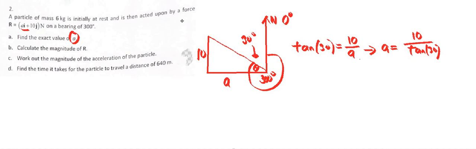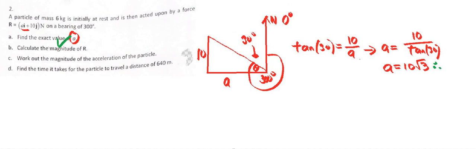So 10 divided by tan of 30 gives me 10 root 3. So A equals 10 root 3. Remember, it's a surd, so there's no need to do anything with that. That is my answer for A, and that's an exact answer.